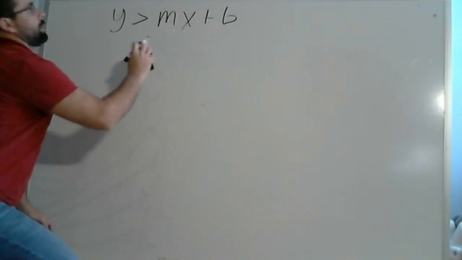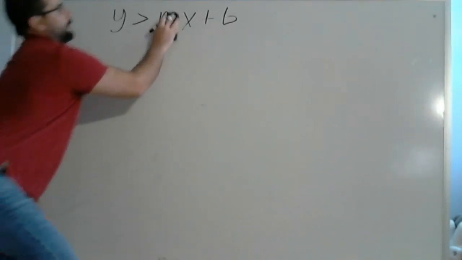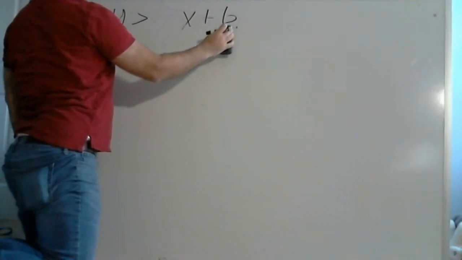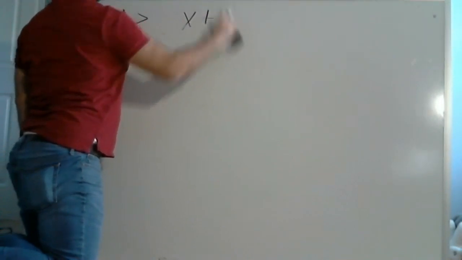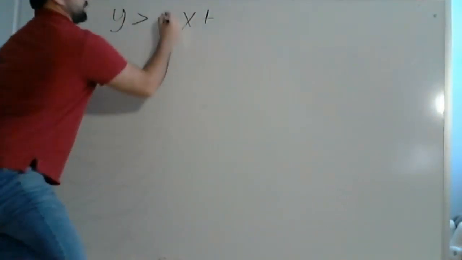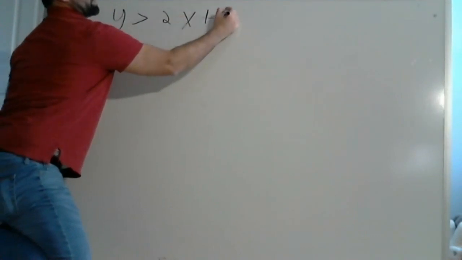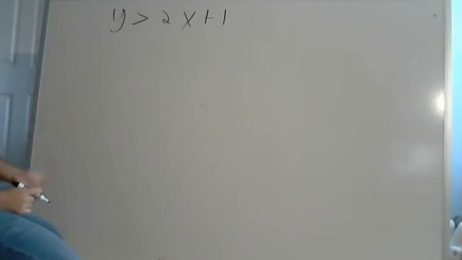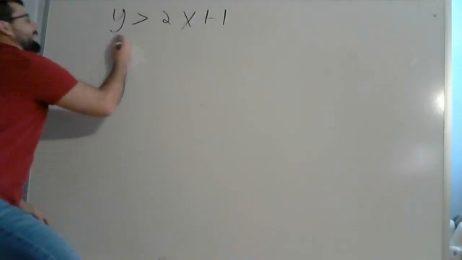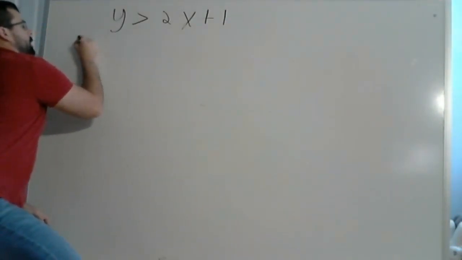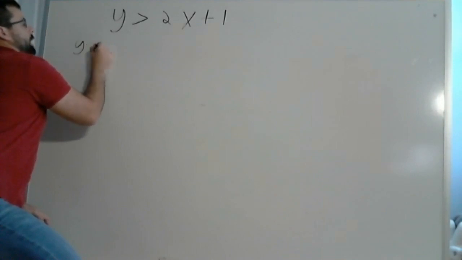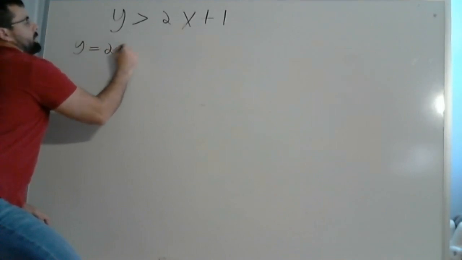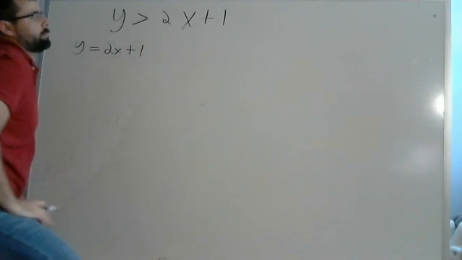Let's say y is greater than 2x plus 1. Well, step 1, make it an equation. Y equals 2x plus 1.